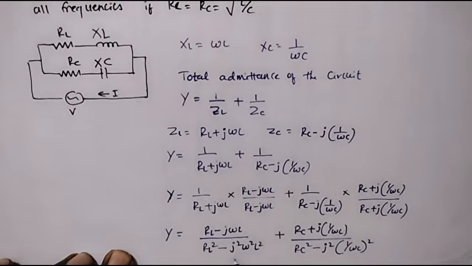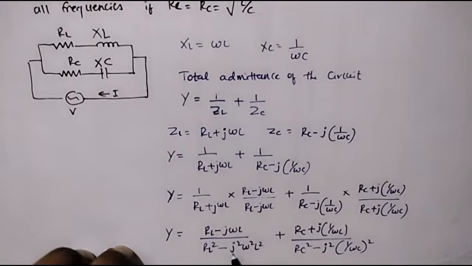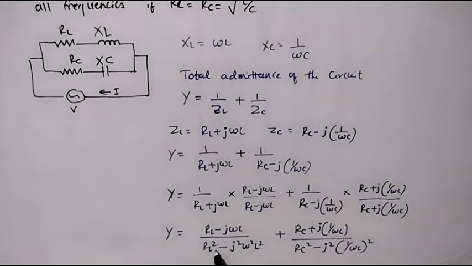Here in the denominator j square is nothing but minus 1. So the denominator becomes RL square plus omega square L square.